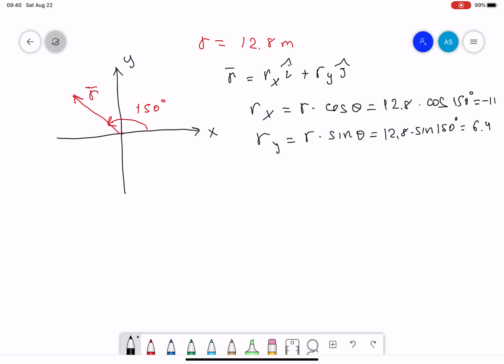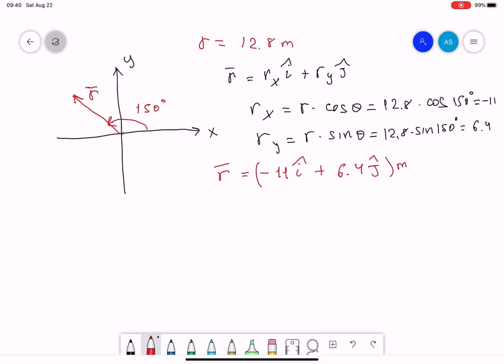Now let's write down everything in terms of the r vector. So then our r vector will be equal to rx, which is minus 11 i vector, plus ry, which is 6.4 j vector. Obviously the unit will be meters.